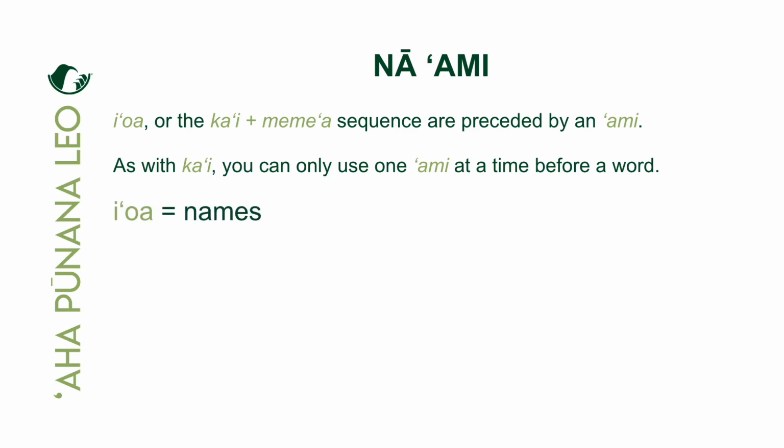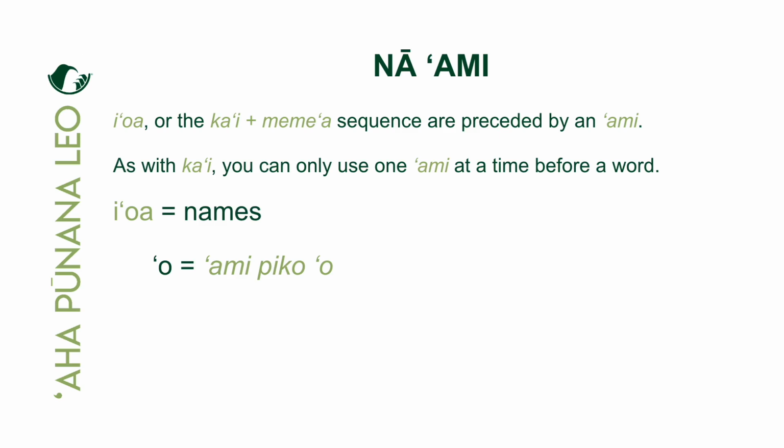Let's clarify what an ʻoa is. ʻOa is the term for names so far. And we have actually seen an ʻami in front of ʻoa prior to this, with the usage of the ʻokina o. The ʻokina o can be referred to as a ʻami piko o, or you can refer to it as an ʻokina o.